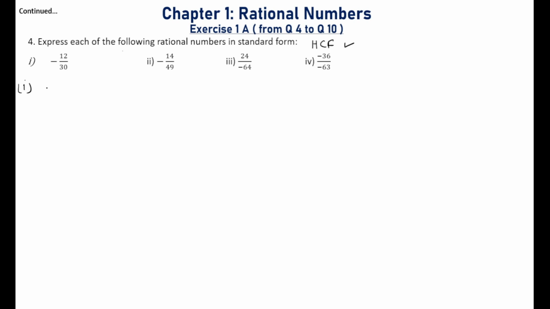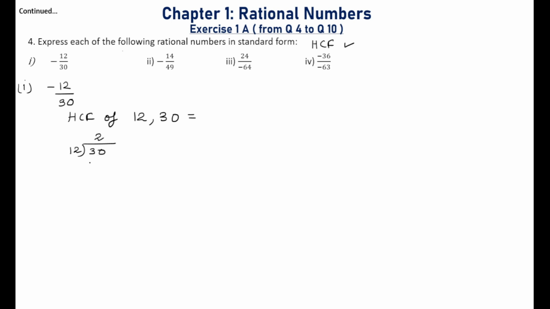Taking the first question, minus 12 by 30. First of all, let us calculate the HCF of 12 and 30. To calculate the HCF, there are several methods. I am following here the long division method. To do that, I'll keep 30 as dividend and 12 becomes my divisor.